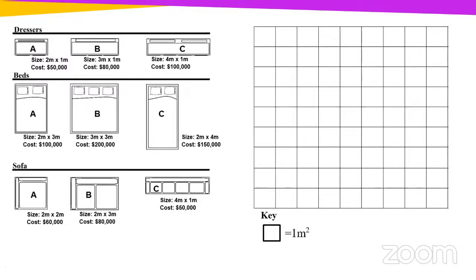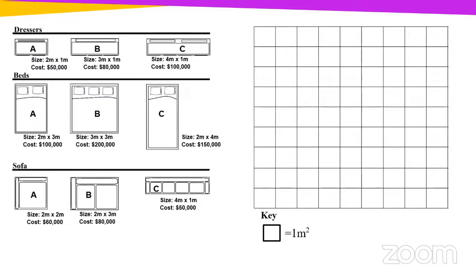Anybody else wants to help? Caleb, I'm going to unmute you. Would you like to help respond to the question? Yes, may you repeat the question, please? Okay, boys and girls, I want you to look at the grid, and in looking at the grid, I want you to look at the key.